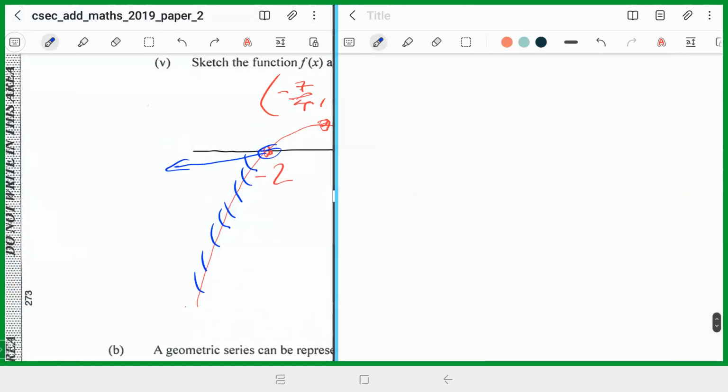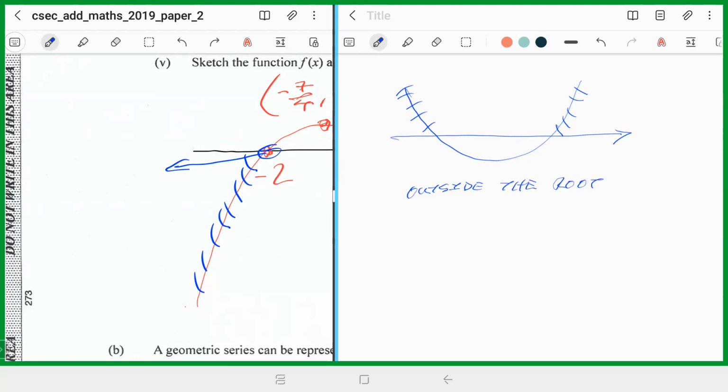When the graph is like this, if the inequality is referring to the two leg parts of the graph, the solution is going to be outside the two roots. When the inequality is pointing to these two leg parts, the solution is outside the two roots.